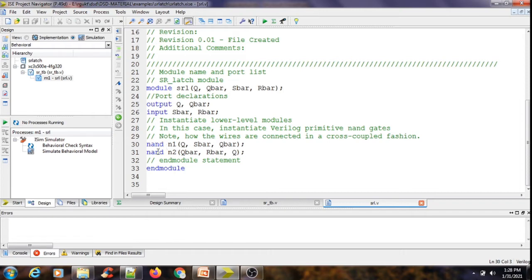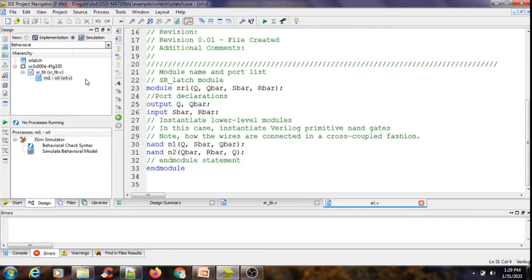These NANDs are nothing but Verilog primitive gates. Because they are highlighted in blue, the compiler already knows their definition and understands that these are primitive logical gates, so we need not give an exclusive definition, like module NAND and so on. So NAND N1, NAND N2, and this is again the port list. In this way we can do it.